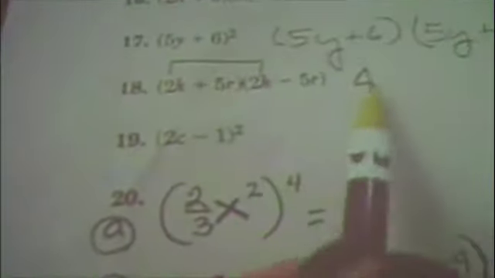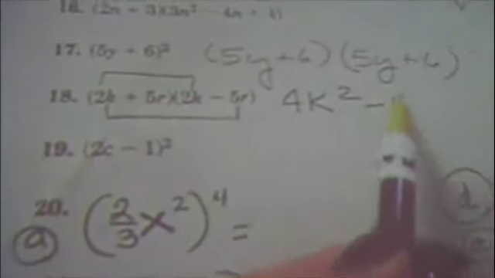Here you are going to distribute, or you're going to FOIL. What happens when I FOIL? 2k times 2k is 4k squared, and my outer terms give me 10kr, and my inner terms give me minus 10kr, and my last terms give me minus 25r squared.